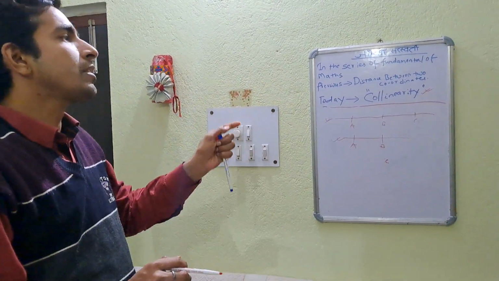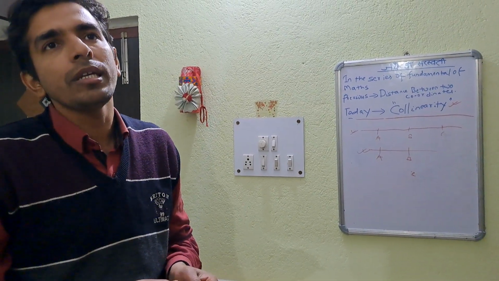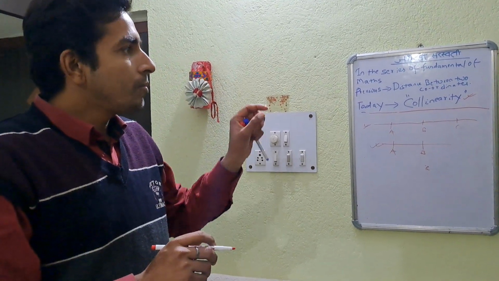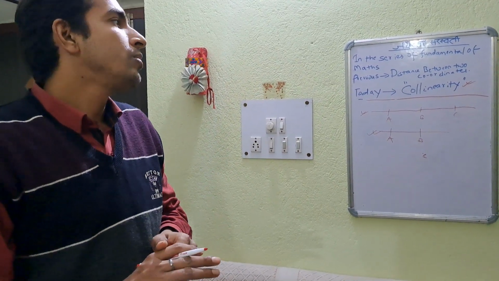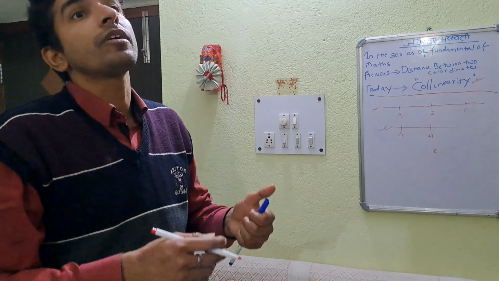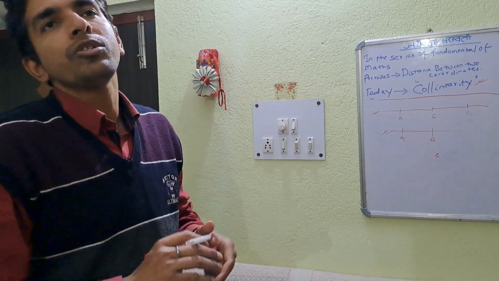Okay. So there are certain clauses regarding collinearity. There are certain terms and conditions, because collinearity is a combination of at least 3 to 4 conditions. After satisfying all those terms and conditions, we can say the points are collinear.